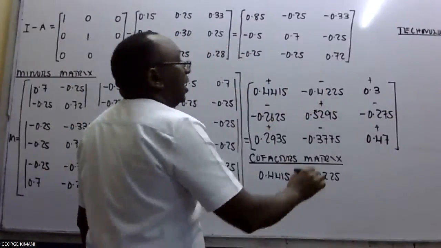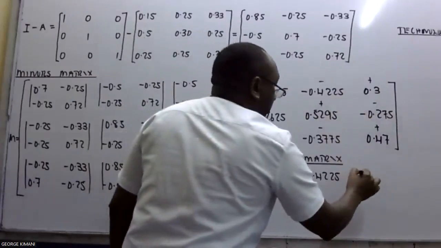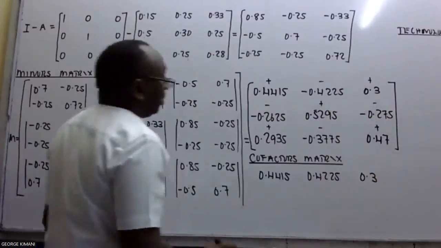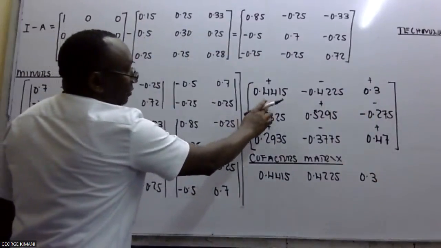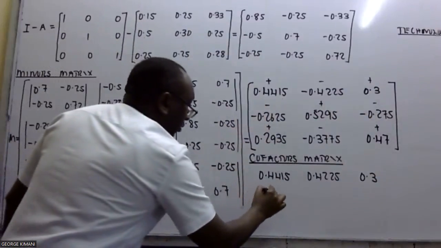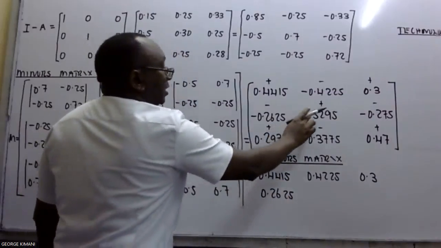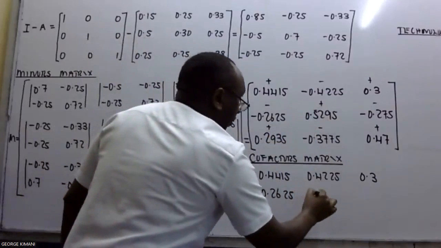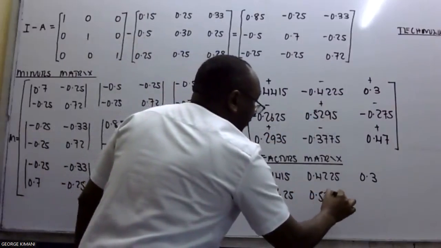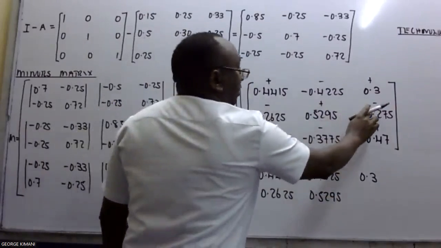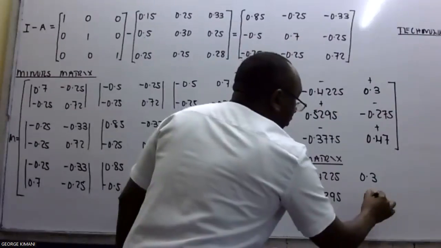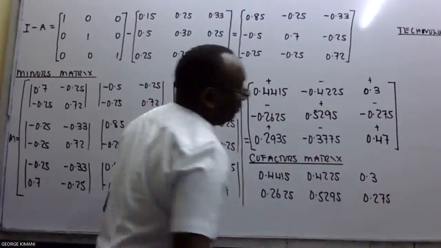That becomes 0.4225. Positive, positive, that is positive, 0.3. Negative, negative, that is positive, 0.2625. Positive, positive, that is still positive, 0.5295. Negative, negative, that is 0.275, positive.